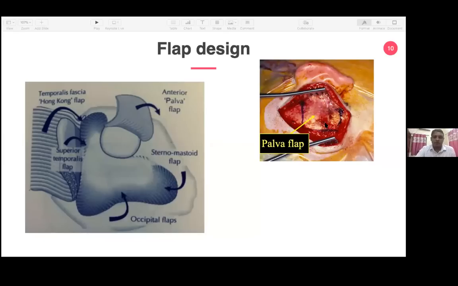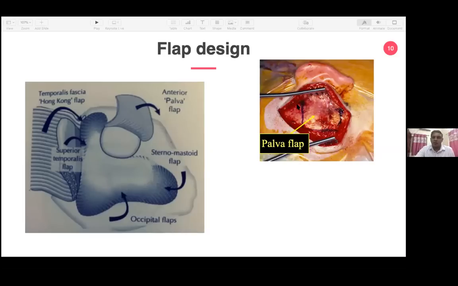So the flap design can be chosen according to the cochlear implant receiver stimulator profile, and it can also be the choice of the surgeon or the given situation. We go with a posterior inferiorly based flap, which is called a Muirman's flap. That is a posterior inferiorly based supply.